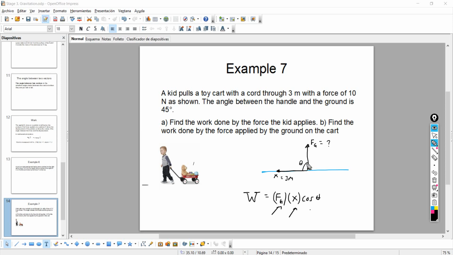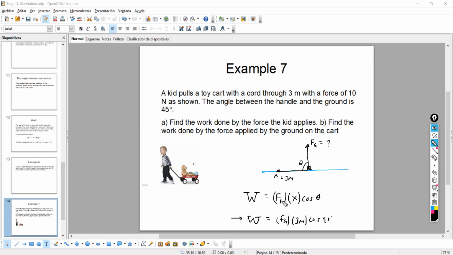This angle should be 90 degrees, right? Because these two vectors are perpendicular. So theta is 90 degrees. Let me introduce that in here, and you're going to see why. This is Fg. We don't know it yet. x is 3 meters. And theta is 90 degrees.